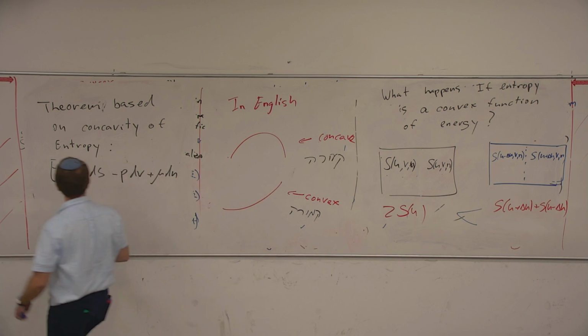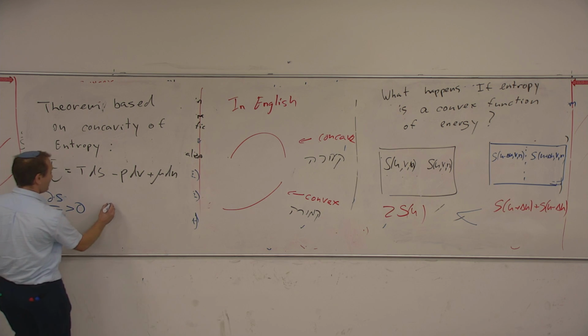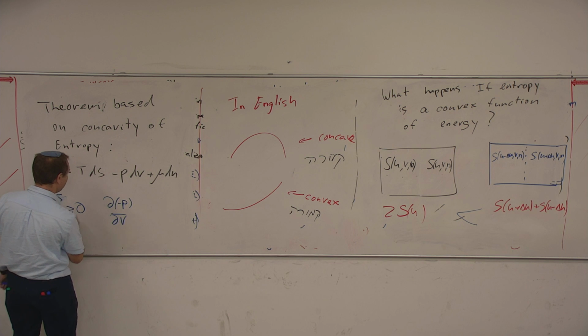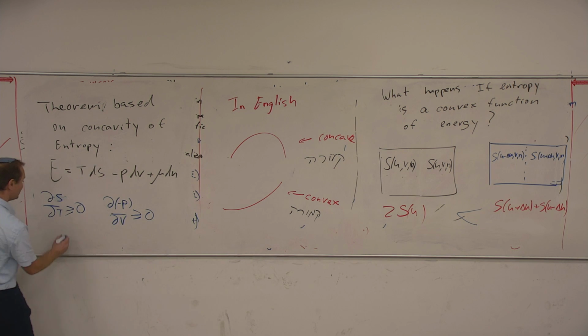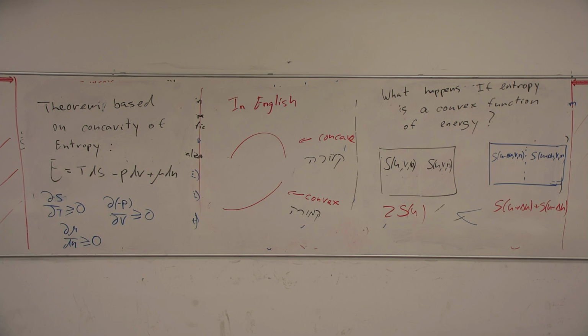So the theorem tells us the following: dT over dS greater than 0; d minus P over dV greater than or equal to 0; d mu over dN greater than or equal to 0. Isn't it supposed to be dV? What? No. Ah, this one, yes.